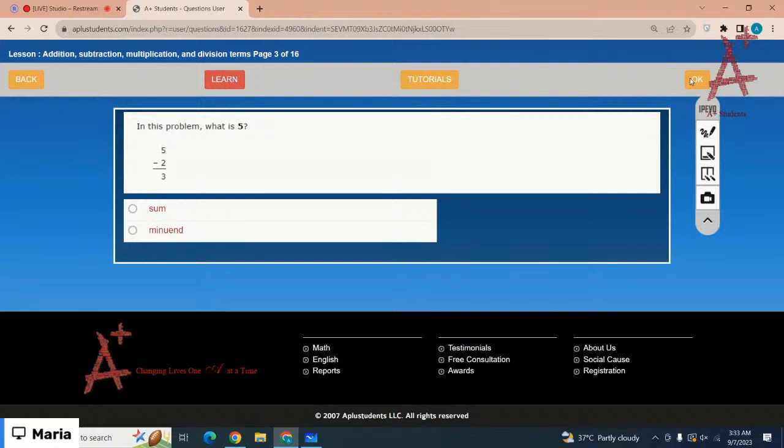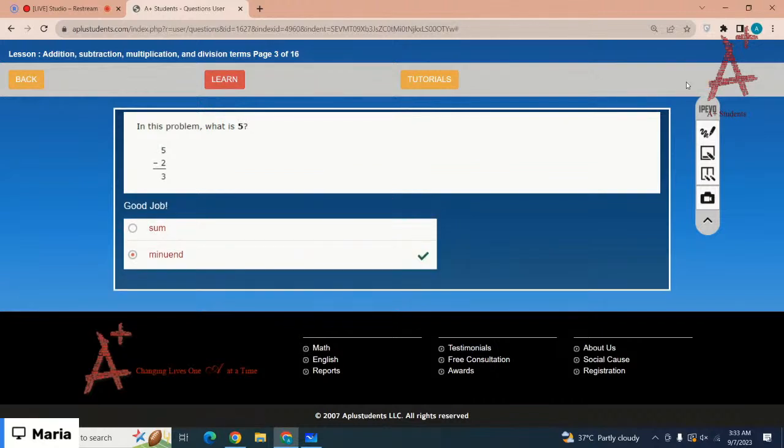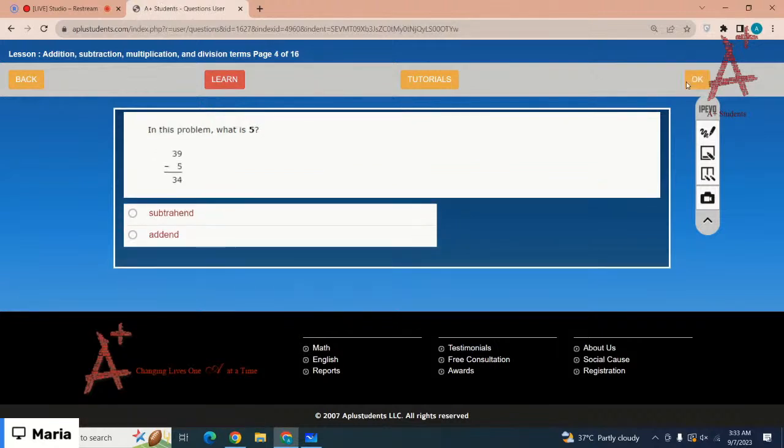In this problem, what is 5? We are subtracting 2 from 5, right? So 5 must be minuend. The correct option is minuend. In this problem, what is 5? 39 minus 5 equals 34.